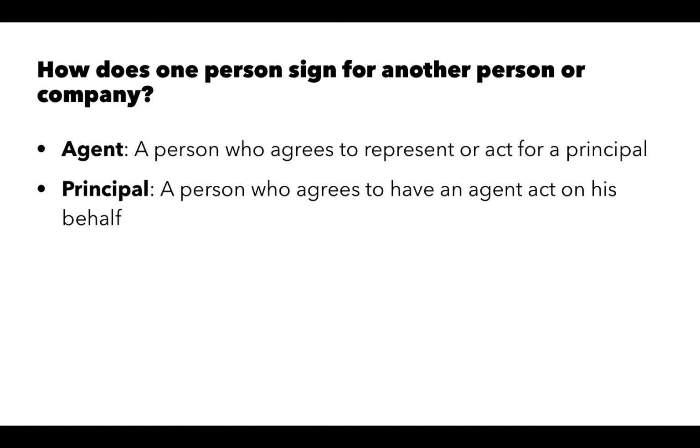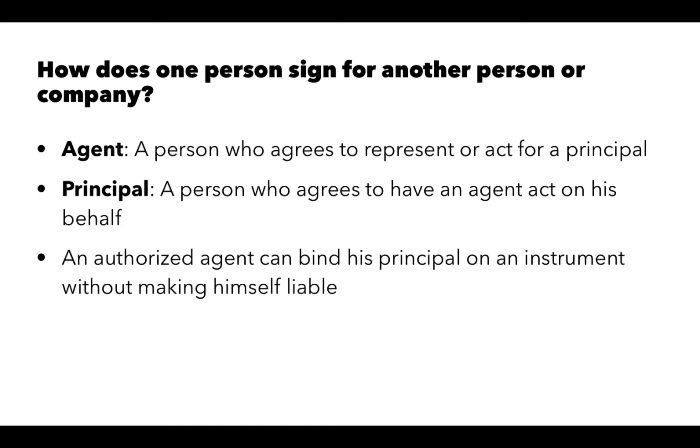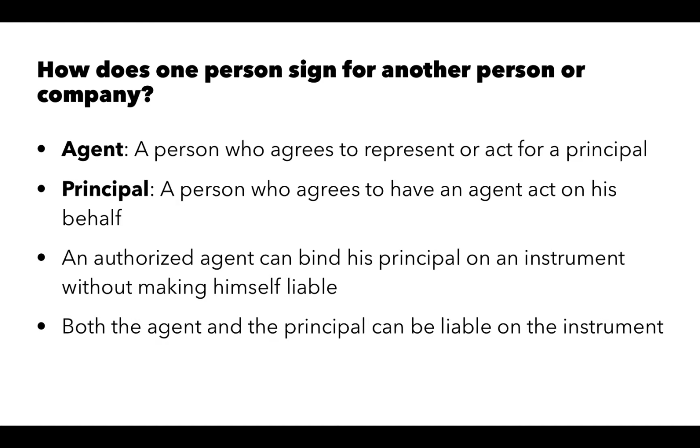Now, it's possible that both the agent and the principal can be liable on the instrument. If an agent signs both on behalf of his principal and on behalf of himself individually, then both the agent and principal are liable on the instrument.